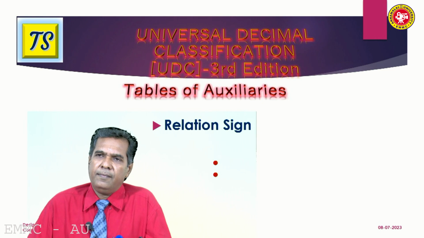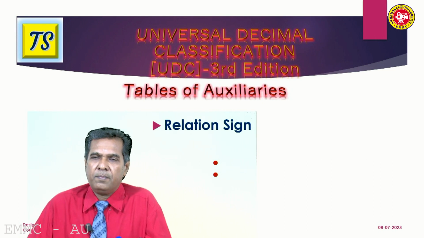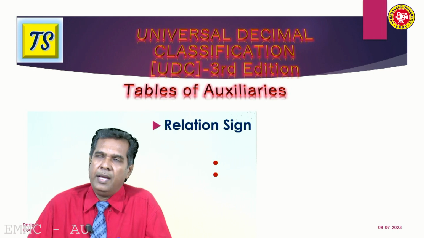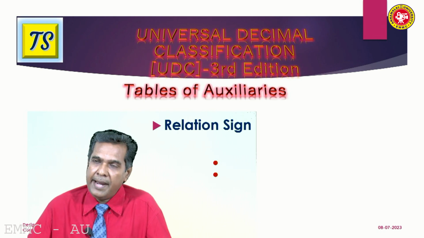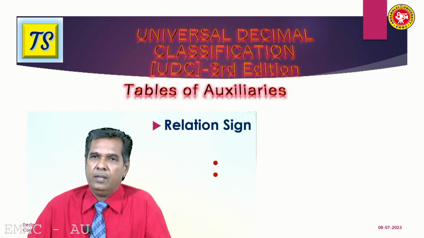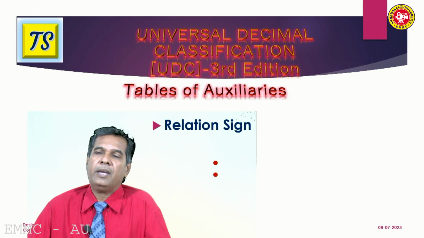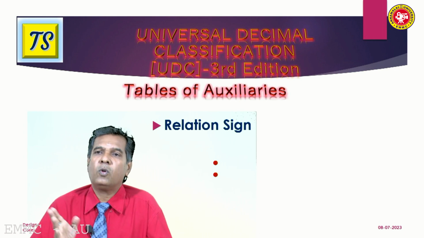As a beginner, you may face some difficulties in grasping the relationships. But when you have more practice, you can differentiate how the relationship exists between the terms and how to identify them. So you need a lot of practice and experience, so that you can differentiate the plus sign from the colon sign.